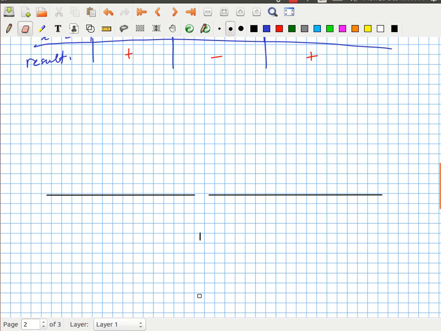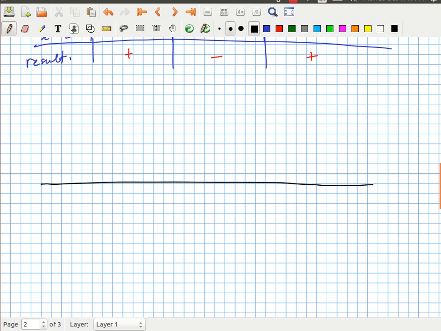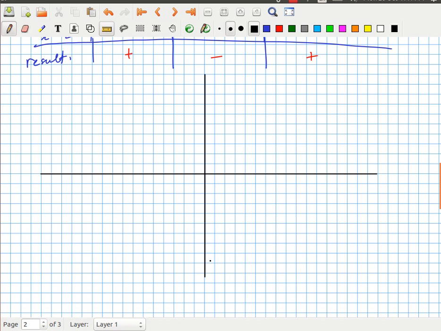Well, that didn't work out so well. Let's try that again. Get rid of those. Let's get that x-axis a little bit better. So we'll actually try to put it on a line. And again, that's not what we wanted. There we go. That's a little bit better.